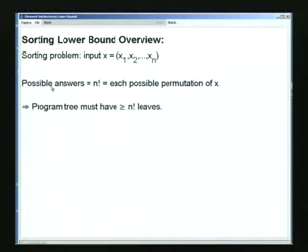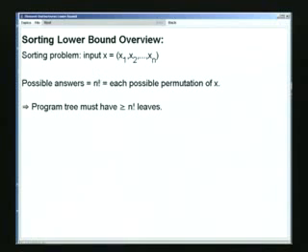Now the answer is going to be printed at a leaf of the program tree, which means that if you want to print out n factorial different answers, then you must have n factorial leaves. You have no choice, because a single leaf can print just a single answer. It will print out that entire permutation, which constitutes a single answer.